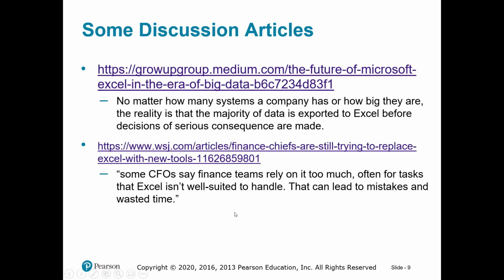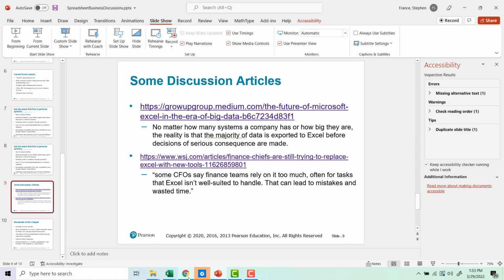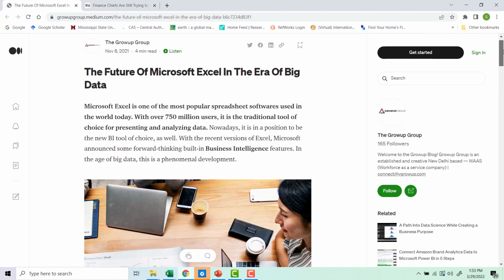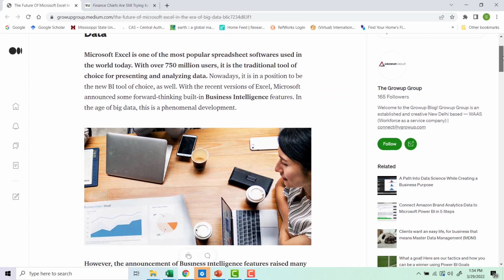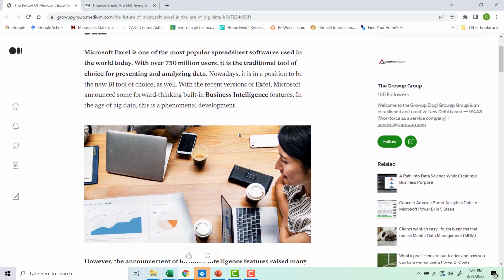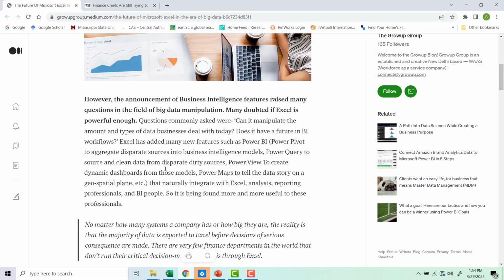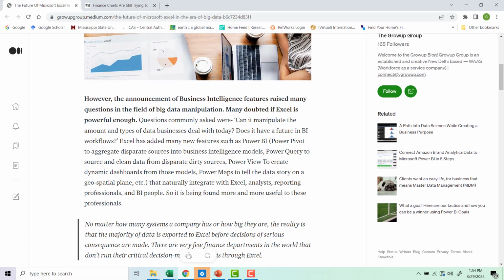So here are a few I thought were interesting discussion articles. One was kind of more positive than the other. I'm not going to read through these articles, but the first one was saying, hey, we're in this era of big data. Excel has been the traditional choice for data analysis, but it maybe can't cope quite as well with some of these big data applications.